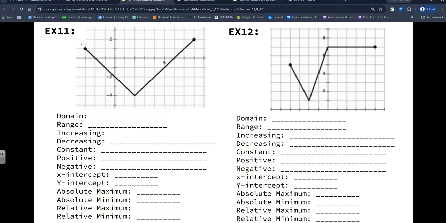Okay, so we got -3. Oh, I've messed up. What did I do wrong? It's a bracket because it's a closed circle. Make that a bracket. Okay, and then Jalen, if I keep on going over, what other number am I going to use?